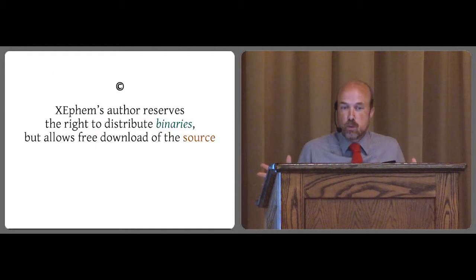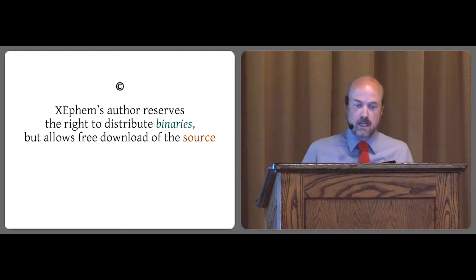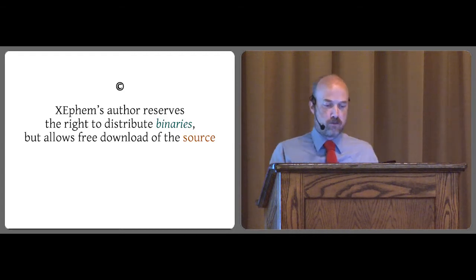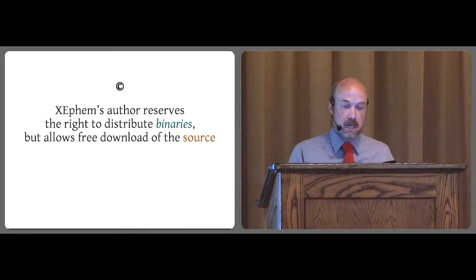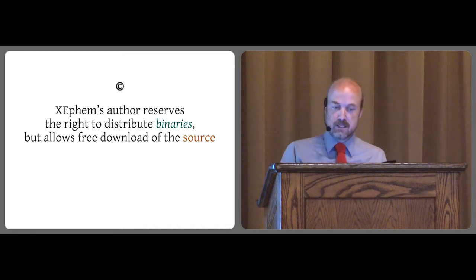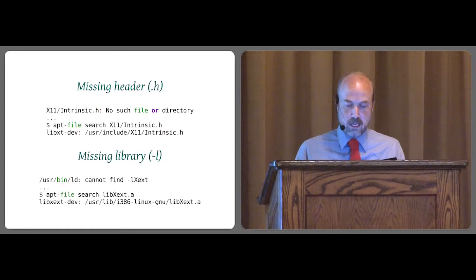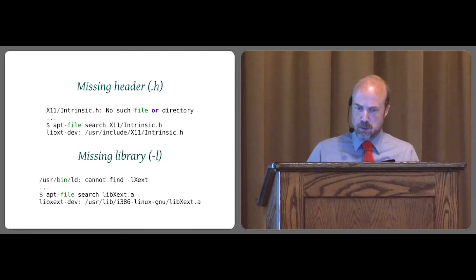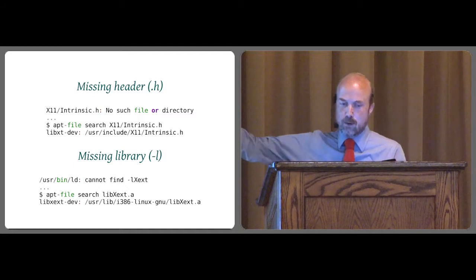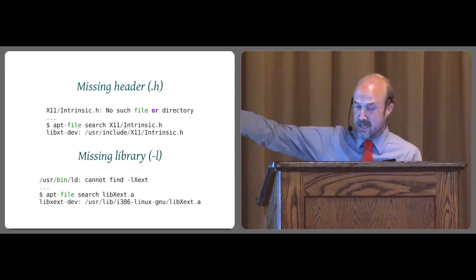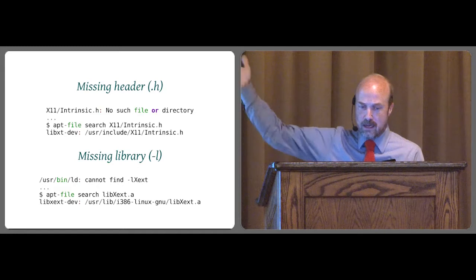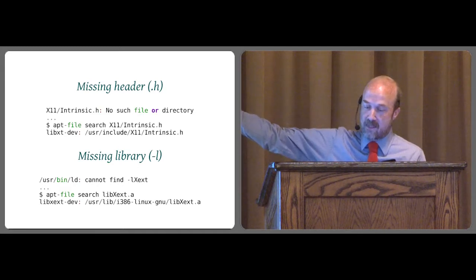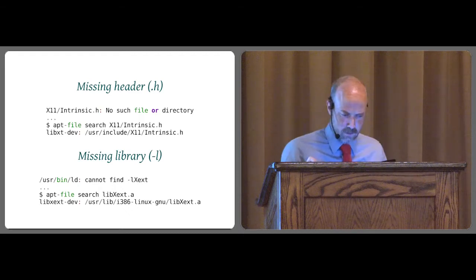Because this was his work, doing telescope guidance, he always had a license where he reserved the right to distribute binaries, but he did allow hobbyists to download the source for private use. It's a bit hard to get compiled these days, but the procedure is always, if you download and compile something and it can't find a c.h file, just on your Ubuntu box, do an apt-file search for that path and install the package that it comes back with.